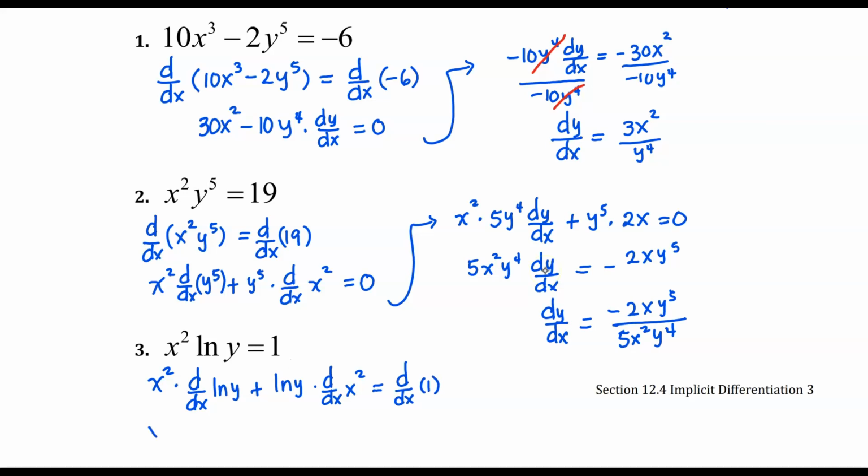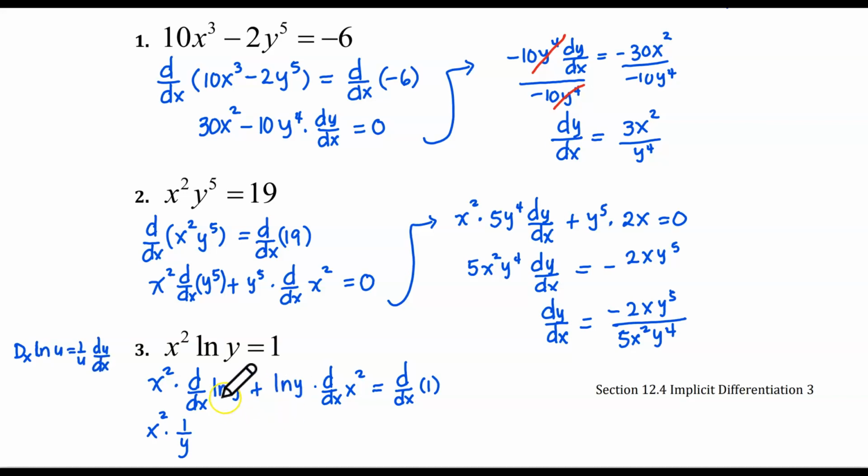So we have x squared. Now the derivative of ln is 1 over y. The derivative with respect to x of ln u is equal to 1 over u du/dx.